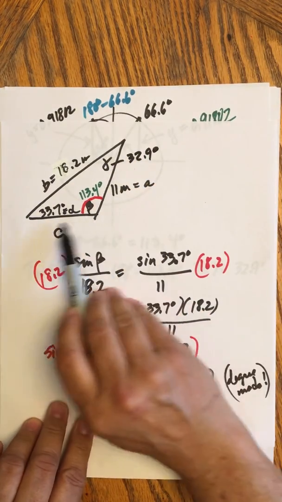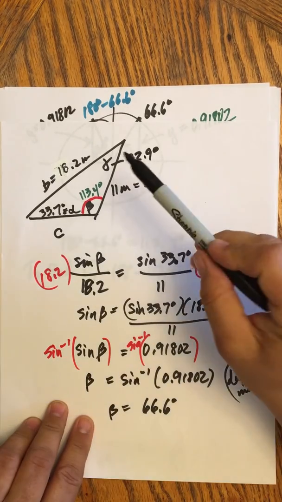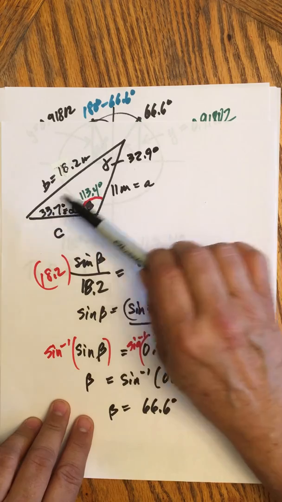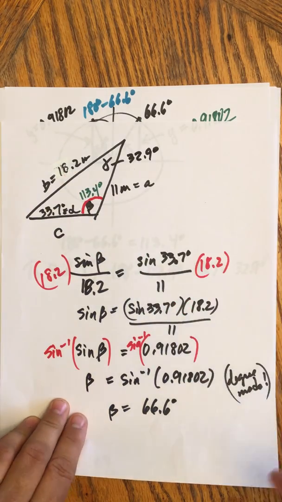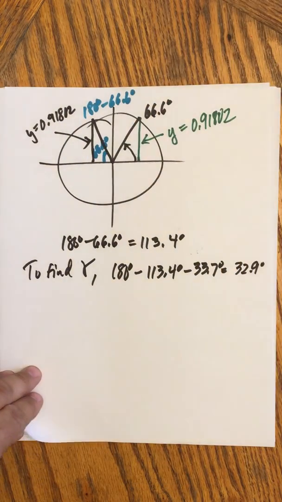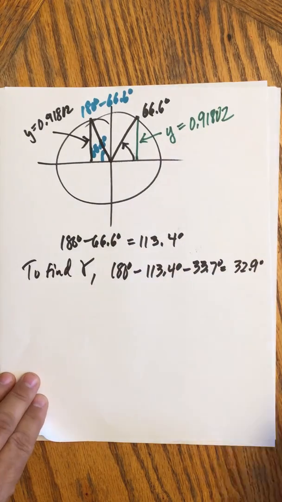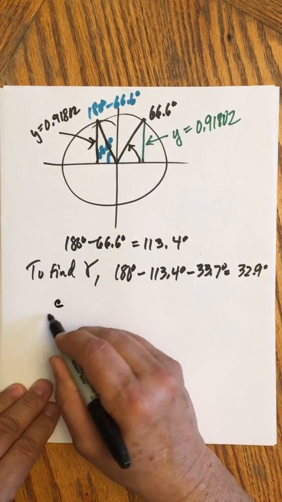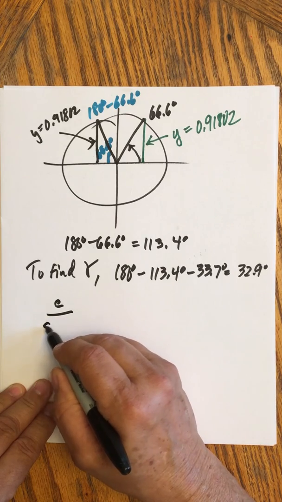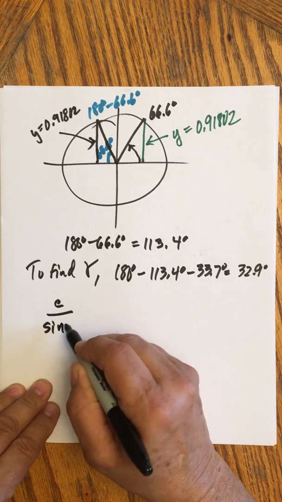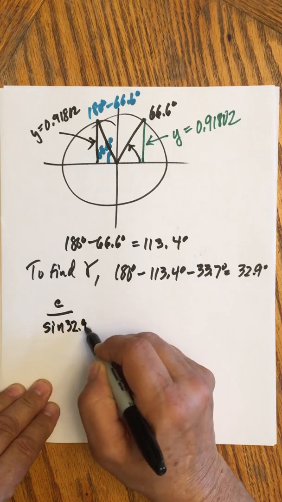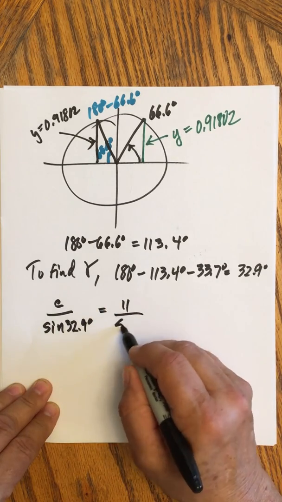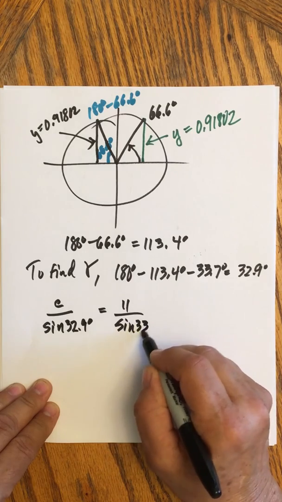And we just have to find C. So I'll set it up so that this angle forms this side. You could pick something else, like this angle forms that side, or this angle forms that side. It doesn't matter which one you pick at that point. So let me go ahead and set that up. I'm going to say here now that C is to sine 32.9 degrees as, say, I'll take 11 is to sine 33.7.